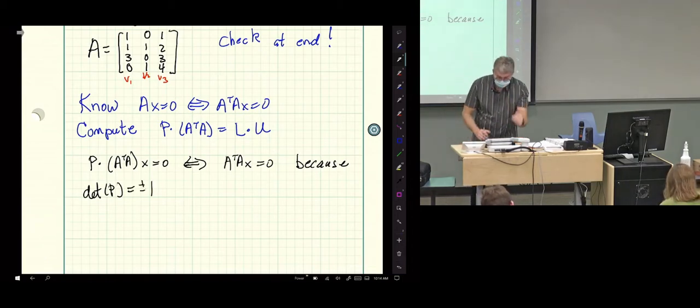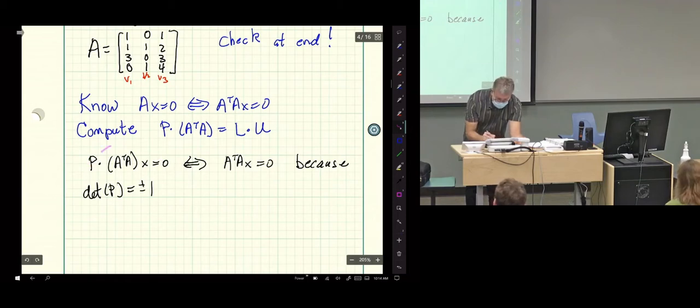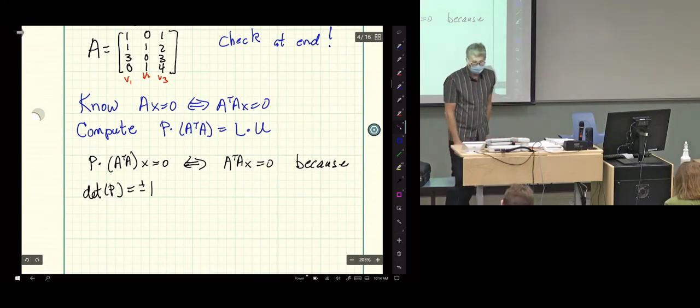So it's invertible. Okay, so I take P inverse here, and P inverse here. P inverse here is 0, so it's gone. And then I have A transpose A, and then if I multiply by the P here and the P here, I recover this equation. So that's always true.